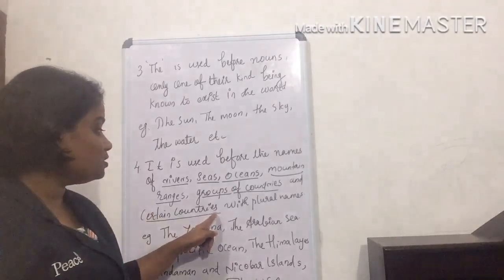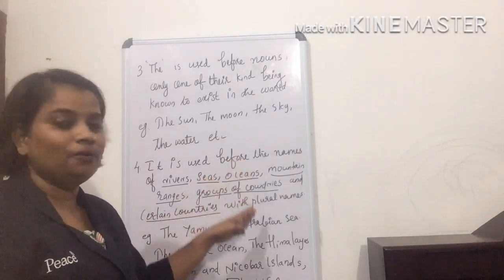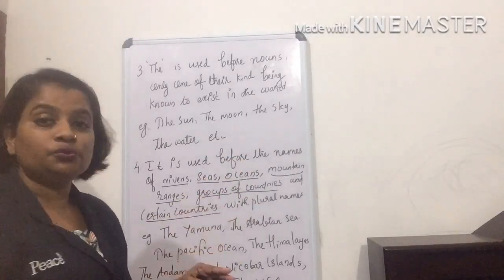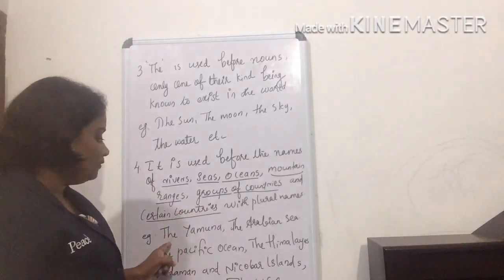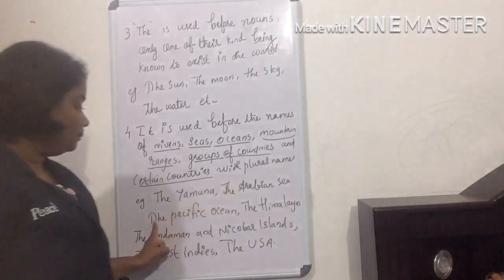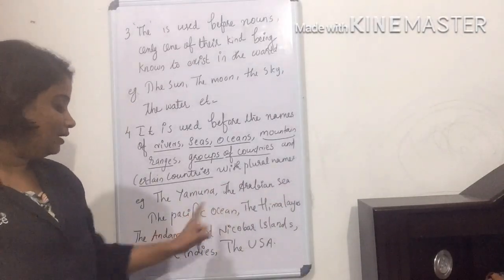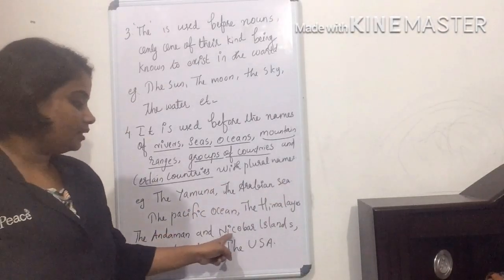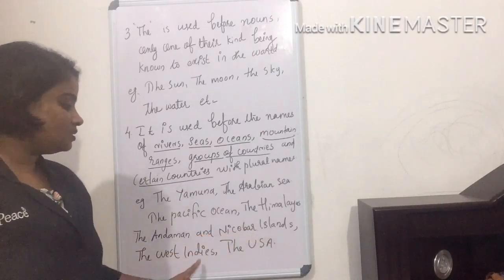So we can use the before the above said. Okay, so let's go to the examples. The Yamuna, the Arabian Sea, the Pacific Ocean, the Himalayas, the Andaman and Nicobar Islands, the West Indies.